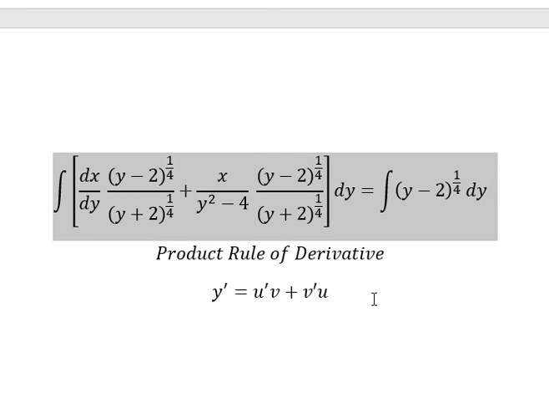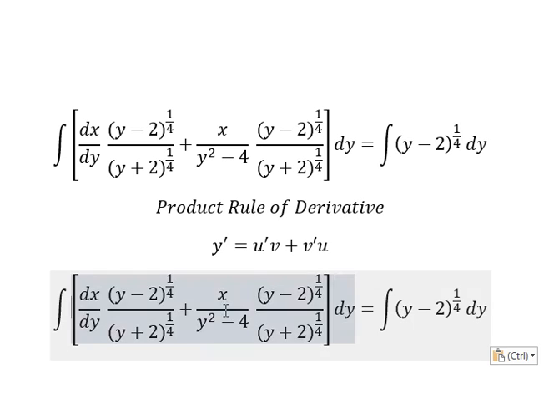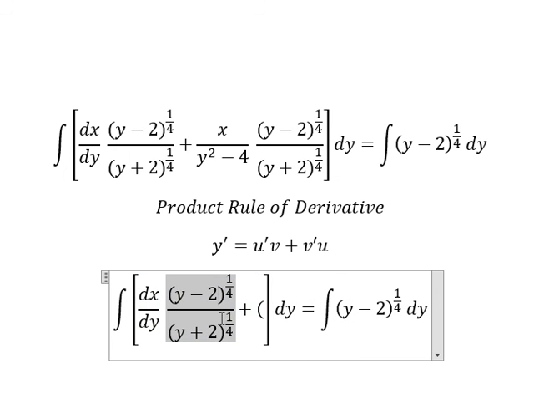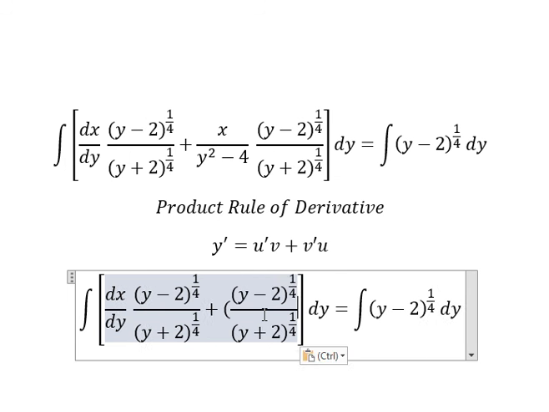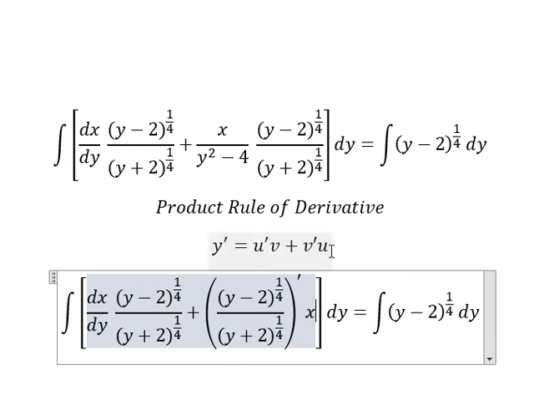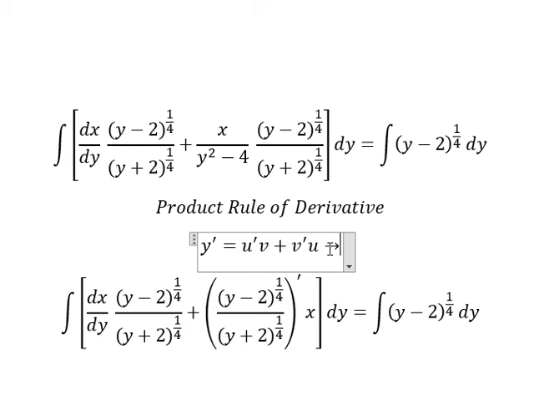So if we look carefully at this one, this is the first derivative of u multiplied by v plus the first derivative of v multiplied by u. So the integration of this one, you get uv.